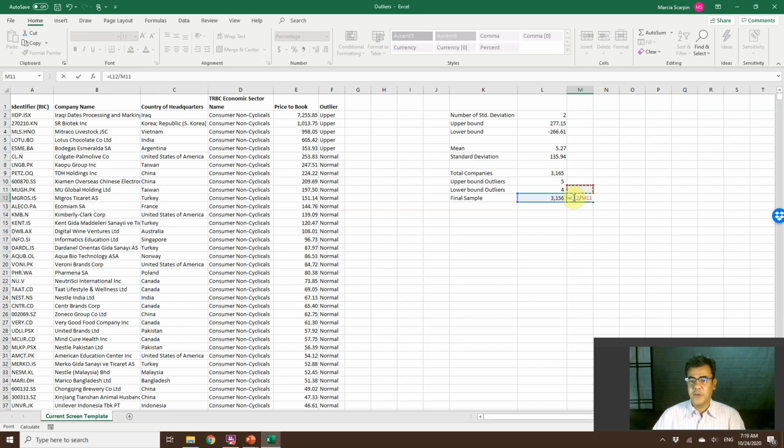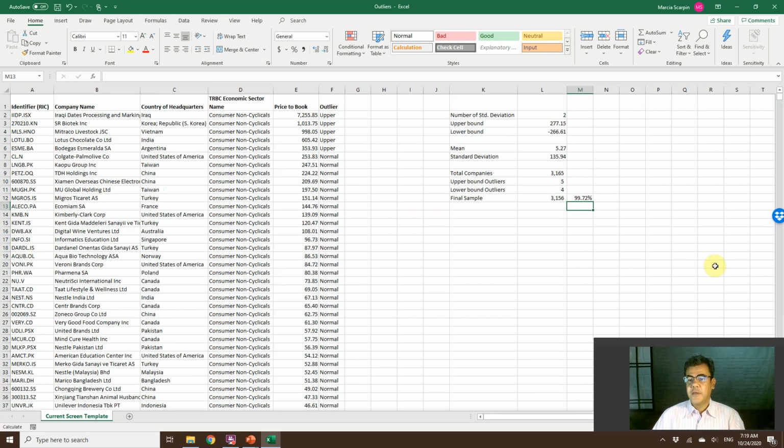And our final sample is 99.72%. If you go to 3, it will change only a bit. I want to take more companies. I think we have too few outliers. We can work with 1 standard deviation. 12 upper, 8 lower.